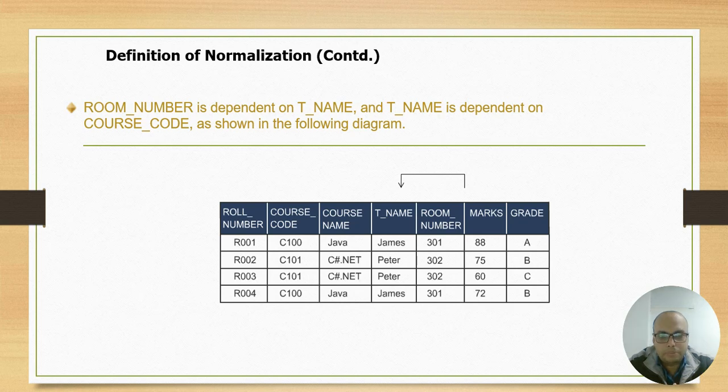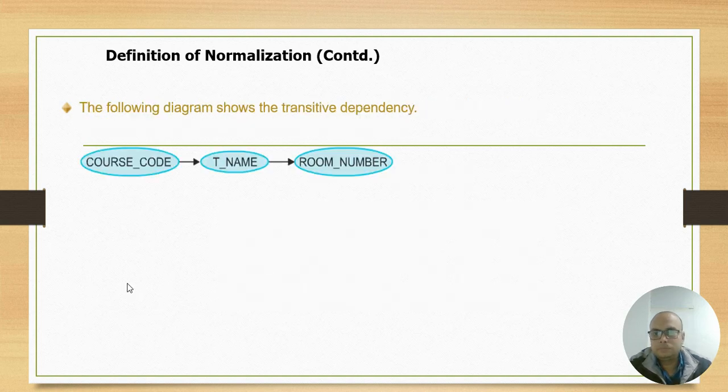So we discussed functional dependency. After functional dependency we are going to proceed to the second one, normalization, second type. The following diagram shows the transitive dependency: course code, teacher name and room number.